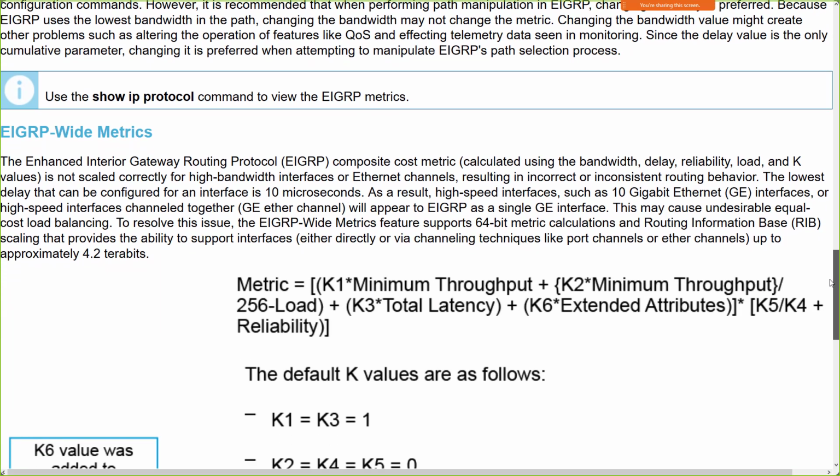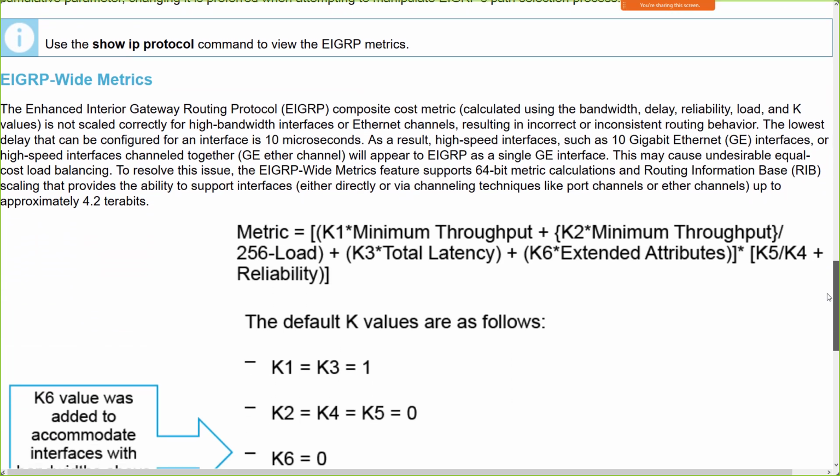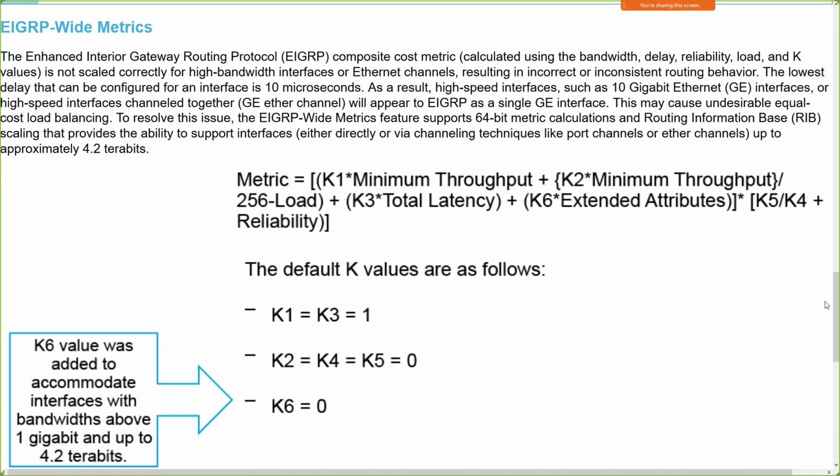Now, one of the things that I alluded to originally was that the metric field wasn't wide enough to store discriminating information to be able to identify the difference between a very, very slow speed link and very, very high speed links.